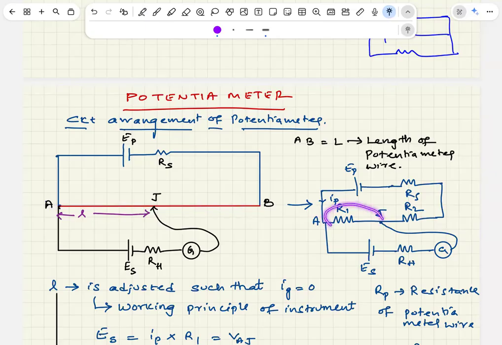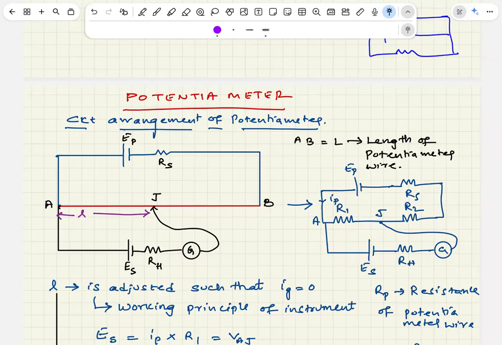Accordingly, the drop across this and the drop on this side will become the same. Then what happens? The net current in this loop must be zero. The galvanometer shows zero deflection. At the instant when the galvanometer shows zero deflection, this length, remember, is measured from A. Even in the meter bridge, length L is measured from A. And that length is called the balancing length.